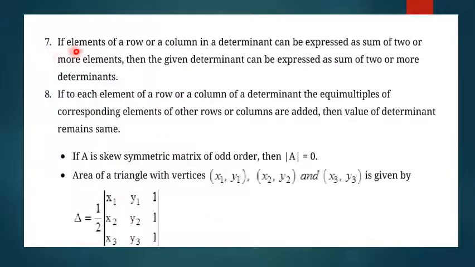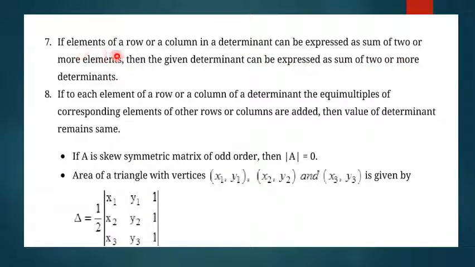Seventh one, if the elements of a row or a column in a determinant can be expressed as a sum of two or more elements, then the given determinant can be expressed as a sum of two or more determinants.